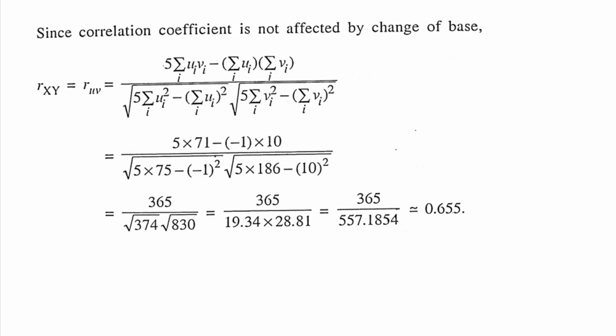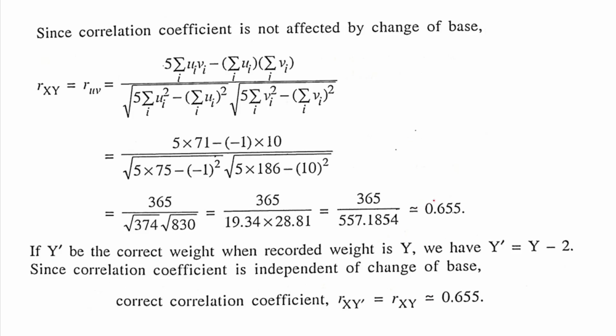After that you will find this is the actual value, that is your 0.655. Again I will tell you, if for your case it is coming like 0.686, it doesn't matter actually.